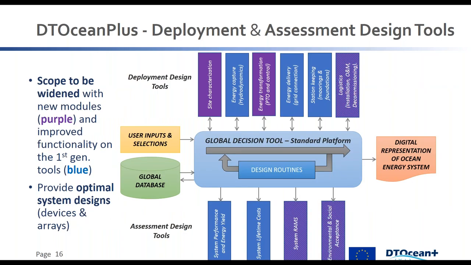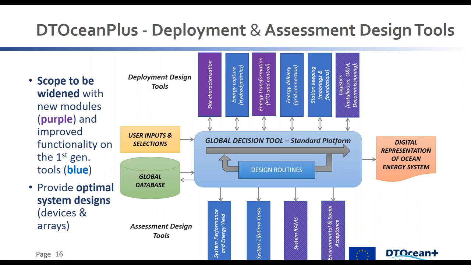So basically, the next slide, please. Yeah, the scope to be widened in terms of functionality from the first generation of tools is depicted in the graph in purple with new models, and the improved functionality in other boxes is depicted in blue.